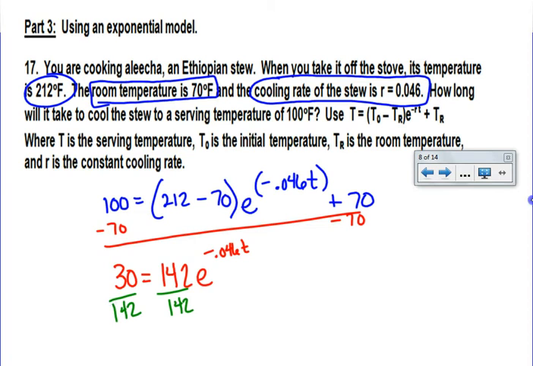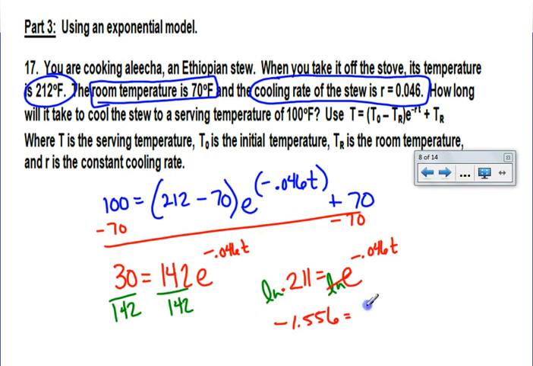And you get a decimal, of course, 0.211 equals e to the negative 0.046t. Now that our base is isolated, we're going to apply a logarithm. It would be smart if we applied a natural log. So the natural log of 0.211 is negative 1.556.